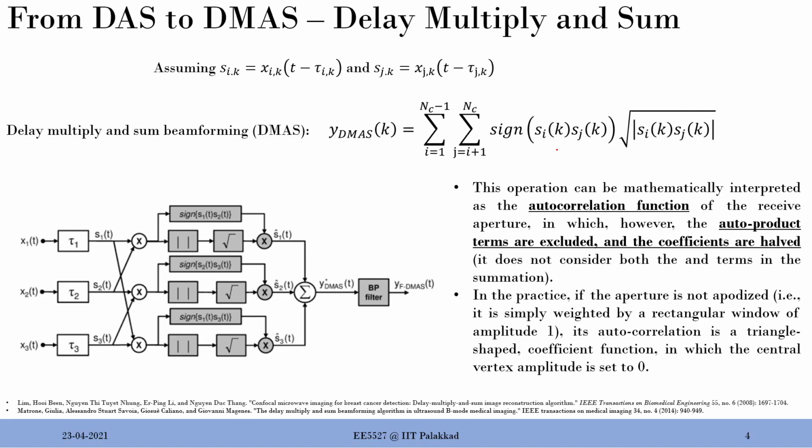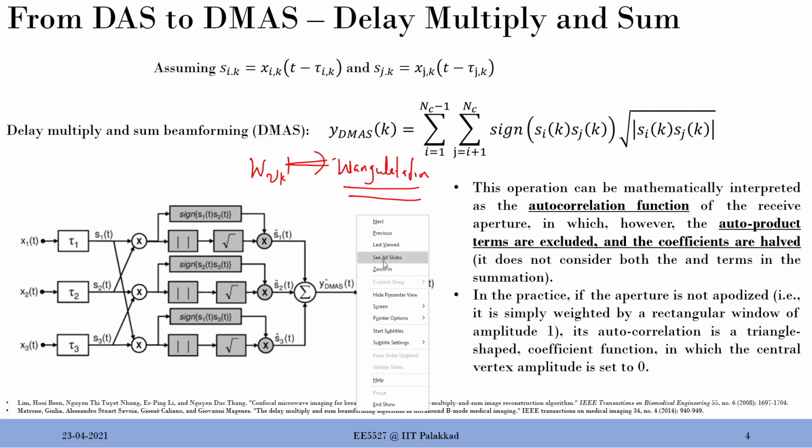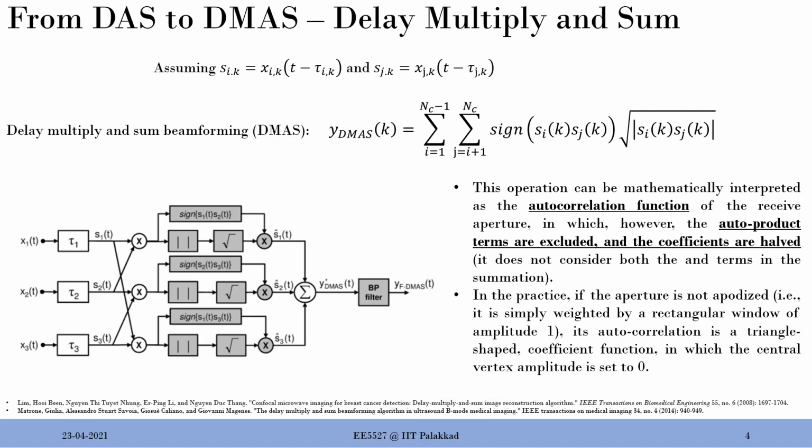That's the meaning of it. Even though I'm not putting an explicit weight w_ik here, this will look like a triangle function. So in the case of DMAS, you could assume that the correlation function is theoretically a triangular function, aided by the similarity value between the transducers.